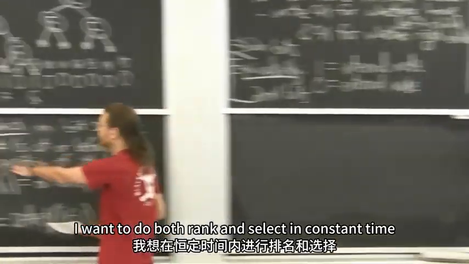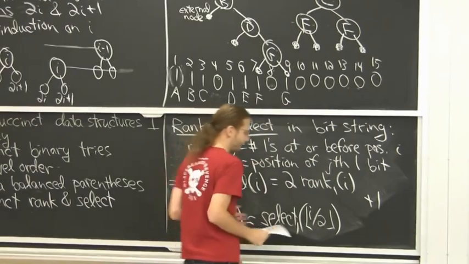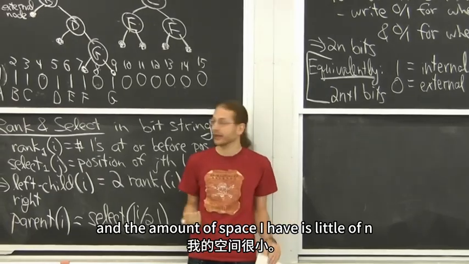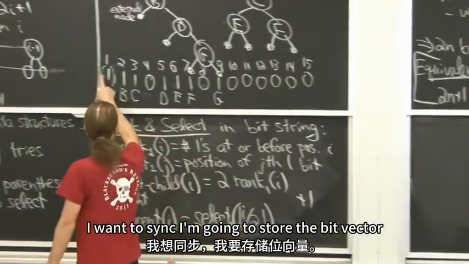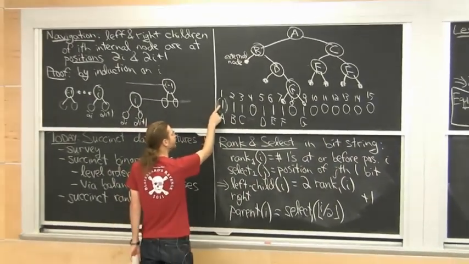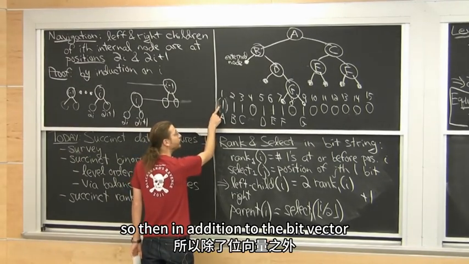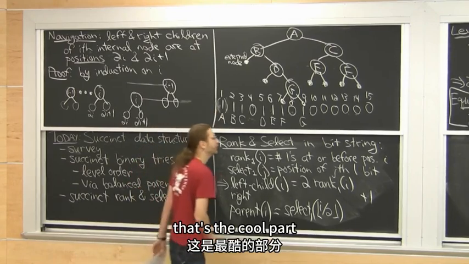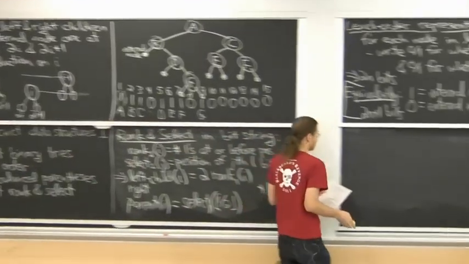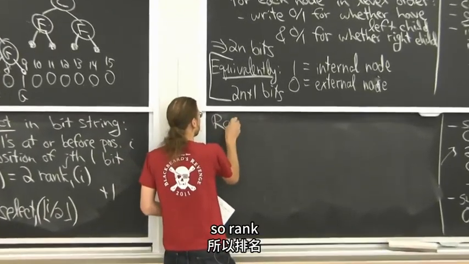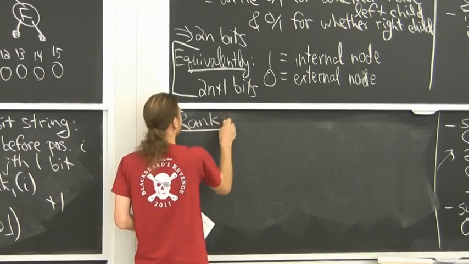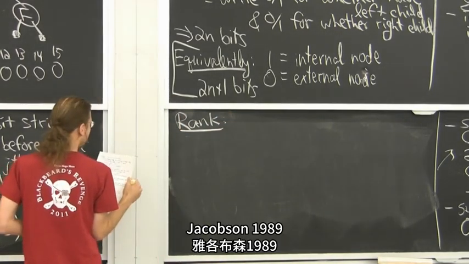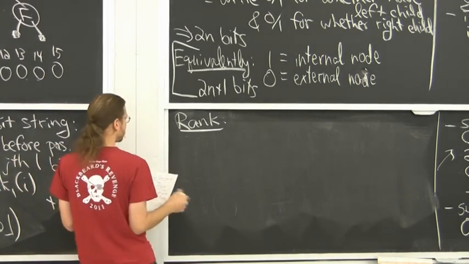I want to do both rank and select in constant time. And the amount of space I have is little o of n. I want succinct. I'm going to store the bit vector. So then, in addition to the bit vector, all I'm allowed for rank and select is little o of n space. That's the cool part. So rank is one of the first succinct data structures, and it's by Jacobson, 1989.